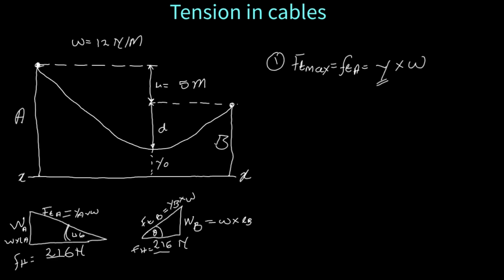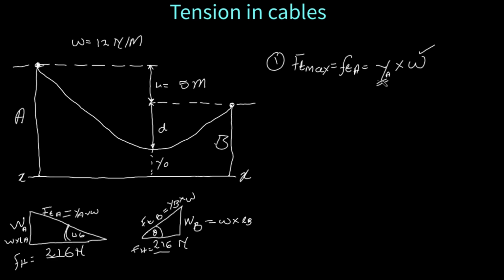And you can tell that between A and B, the highest value of Y will be found on support A. Therefore, this one will be YA. The maximum tension will always be found at the support which is the highest support. We have small letter w.